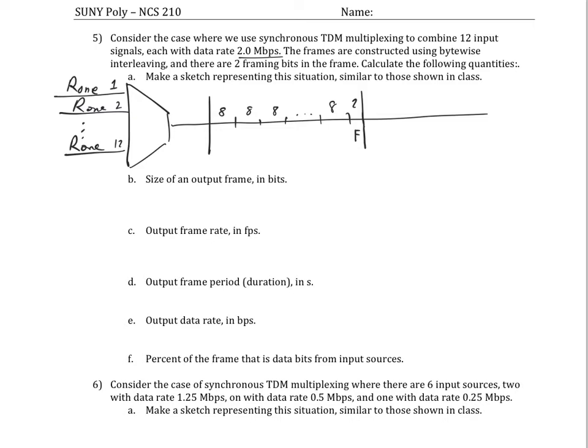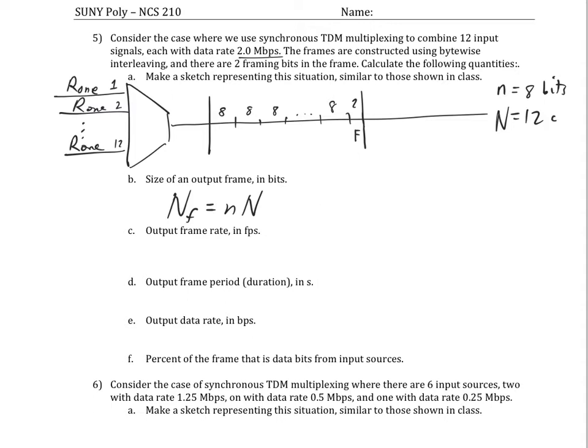And the size of the output frame, the number of bits in the frame, is little n times big N, little n being 8 bits per channel per frame, big N being 12 channels.